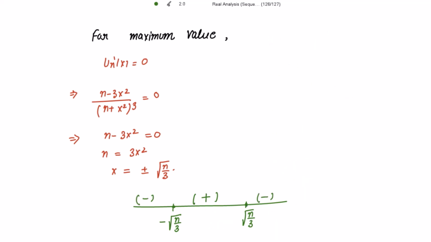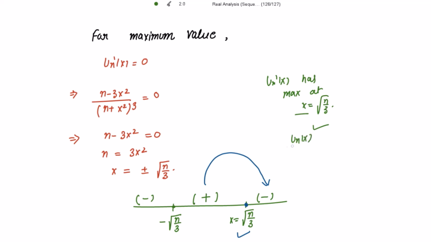This means that un dash x is changing sign from positive to negative at x equal to square root of n by 3. That means un x has maximum at x equal to square root of n by 3, right? And when we put this value at un x, we are getting the maximum value of un x.